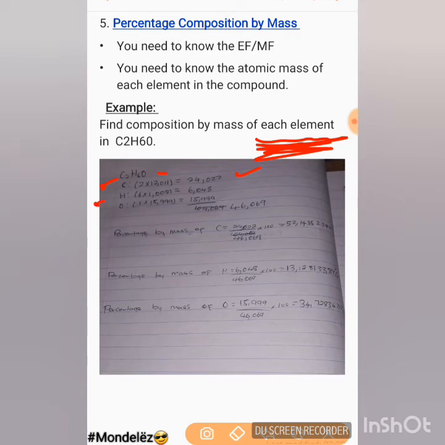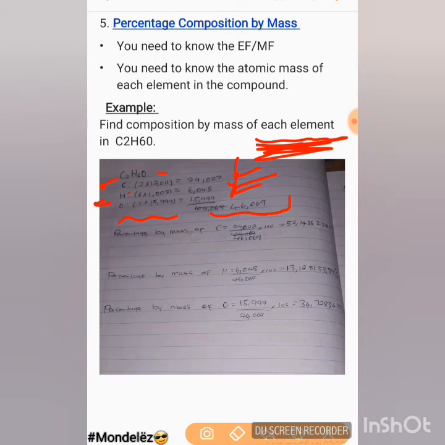For hydrogen, we had 6 of them, so 6 times 1.008 gives you 6.048. For oxygen, just 1, so it gives you 15.999. When you add them up, they'll give you 46.069.